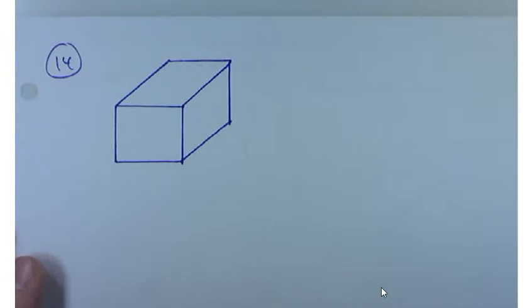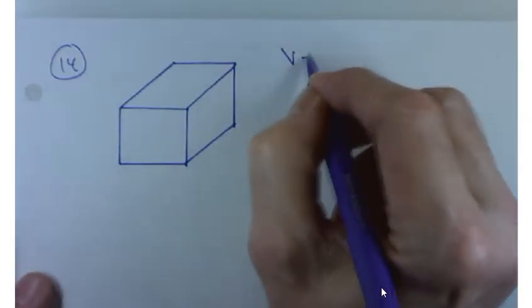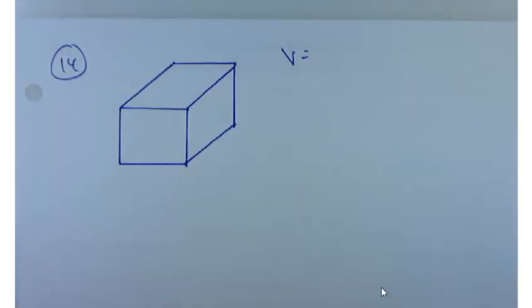I hope you know the formula for the volume of a box. What's the formula for the volume of a box? I mean, there are other objects, like a cone. Okay, that's 1/3 pi r squared h. But I don't expect you to know that one off the top of your head. A box, I think I expect you to know.